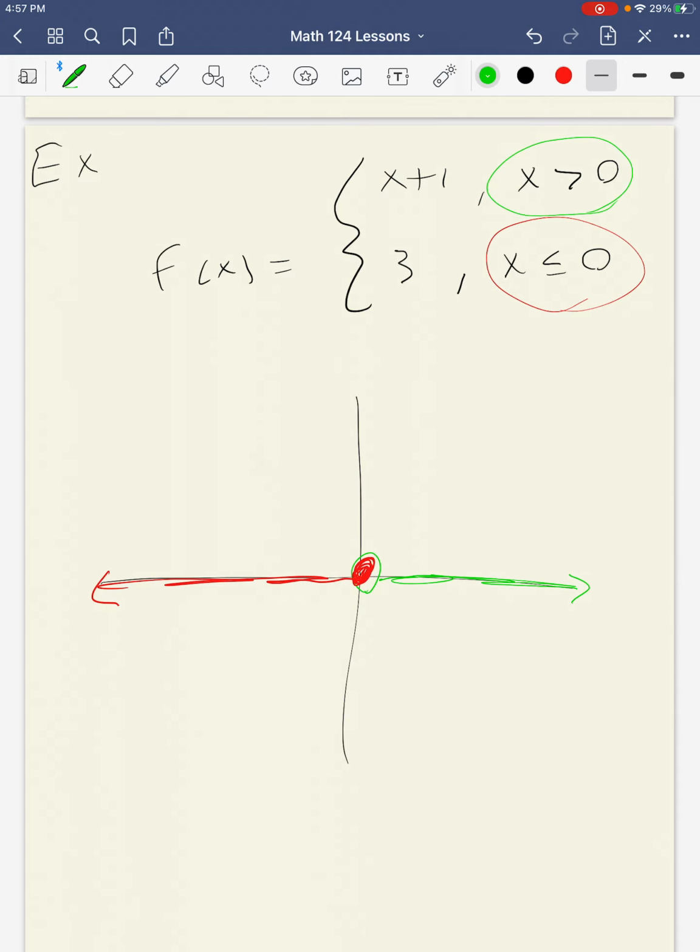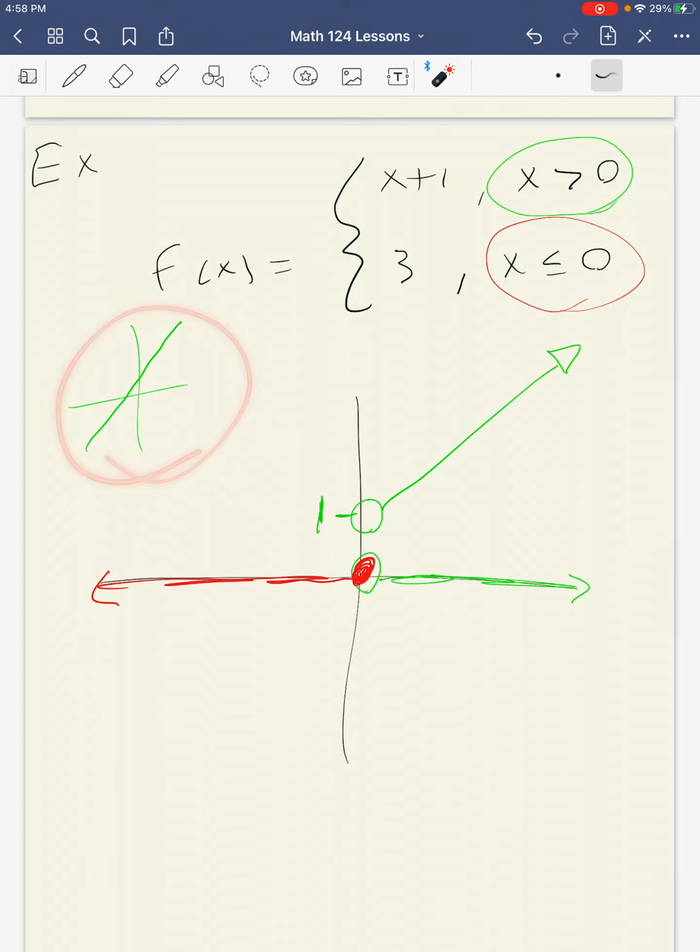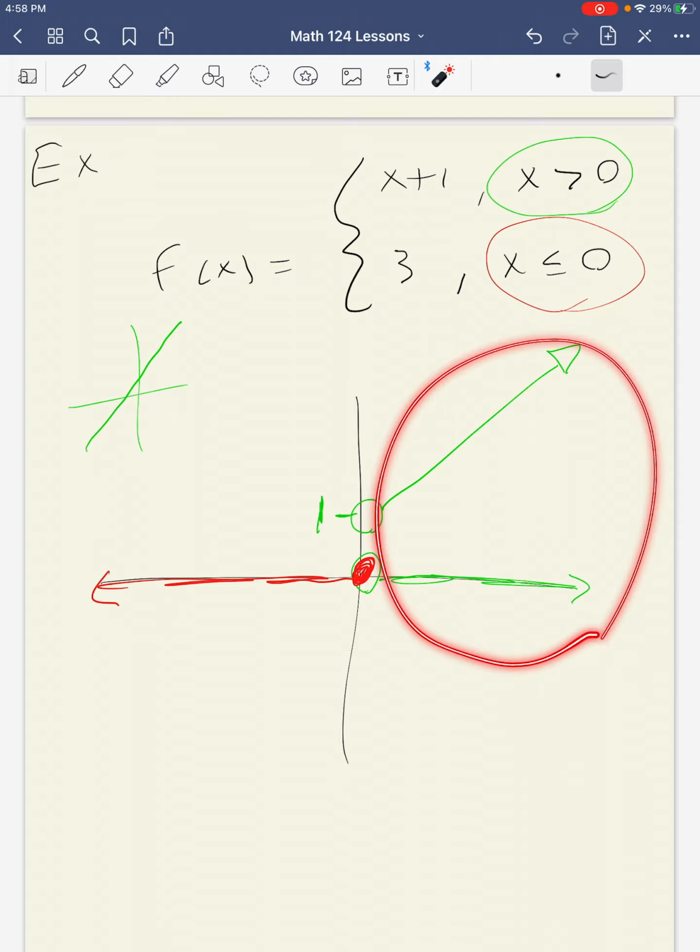Okay, so I'd graph it like this, right, where this is the value 1. If we were to just graph x plus 1 on the entire xy plane, it would look like this, but I'm not graphing it on the entire xy plane. I'm only graphing it on a piece of the xy plane, right, on this green piece.